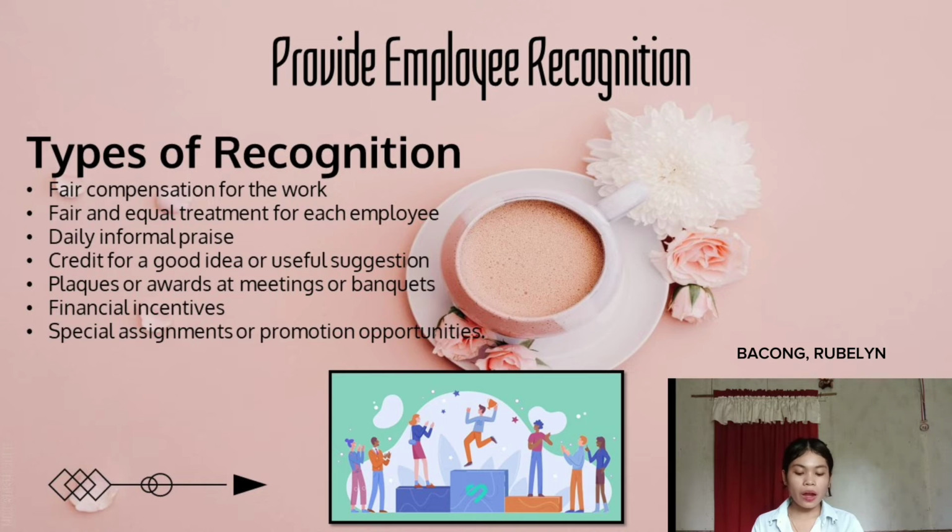It involves monetary bonuses which show them that they are valued and make them feel that their hard work is paying off and is greatly appreciated by the company. Lastly, promotion opportunities. In this, the leader or the manager promotes an employee solely based on how qualified he is to perform the job, not because of a personal relationship.